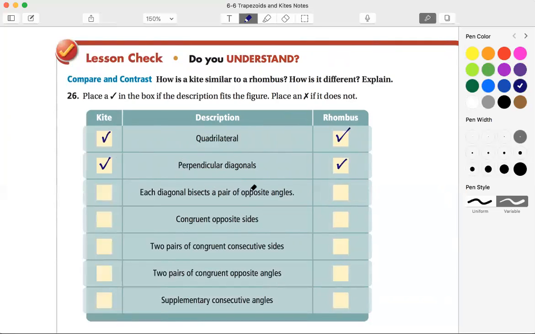Each diagonal bisects a pair of opposite angles: just a rhombus. Congruent opposite sides: just a rhombus. Two pairs of congruent consecutive sides: just a kite and maybe the rhombus. Two pairs of congruent angles. And supplementary consecutive angles.